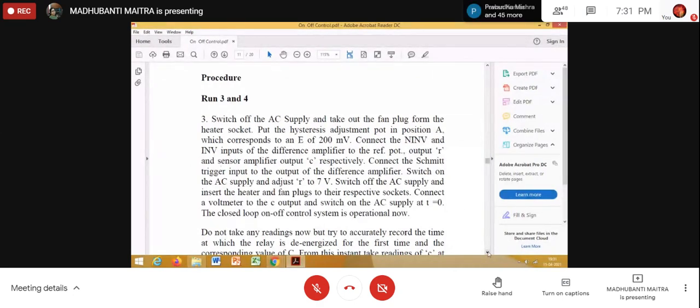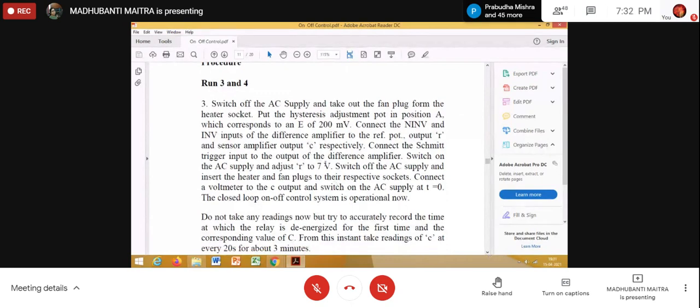And connect the Schmidt trigger input to the output of the difference amplifier. That means the error signal generated by the error detector will now be the input to the Schmidt trigger, and accordingly, depending on the error signal value and its excursion, the Schmidt trigger will generate either 1 or 0.